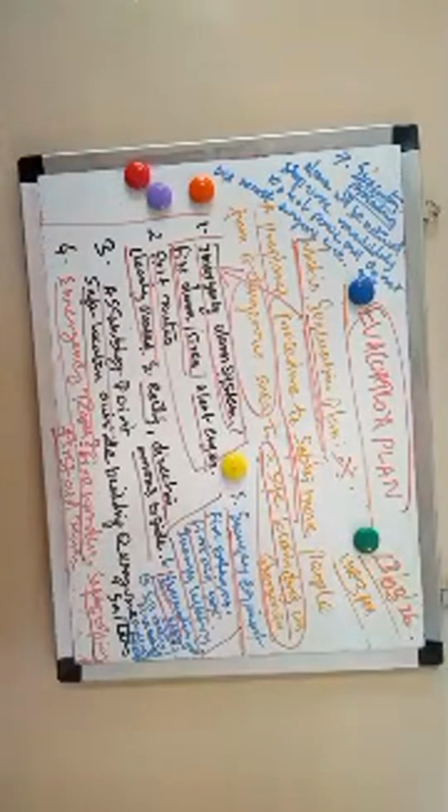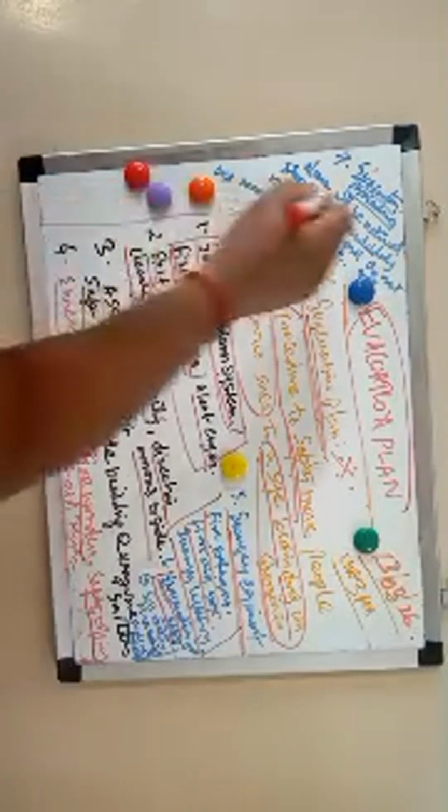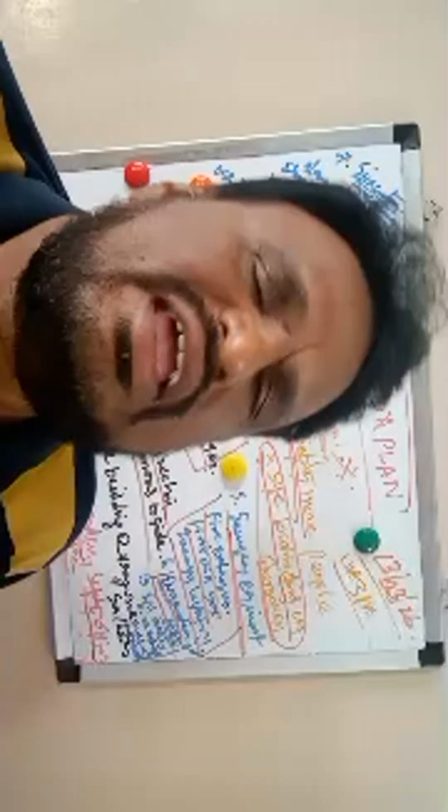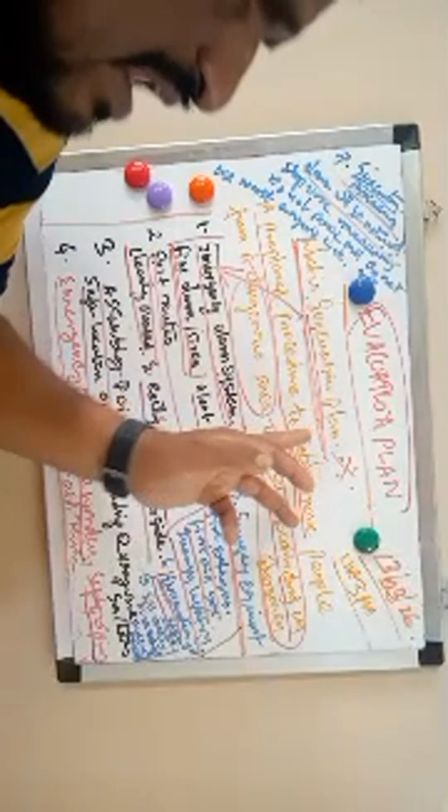Then the seventh one, evacuation procedures. What will the evacuation procedures be? How are they going to do the evacuation? First, as I said, the alarm will be activated. The procedure already mentions what the impact will be in case of one ring, two rings, three rings.